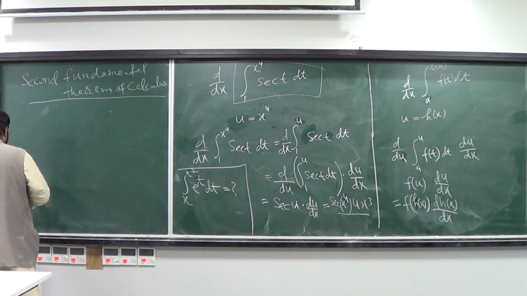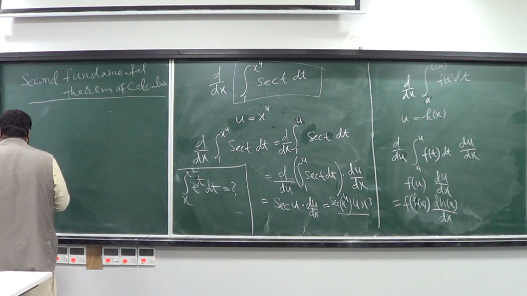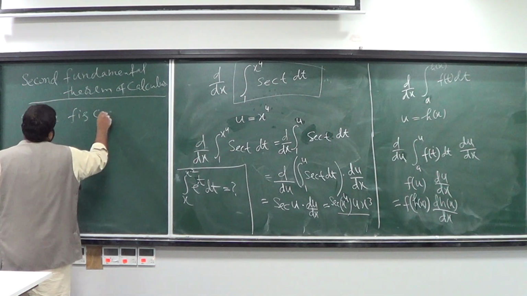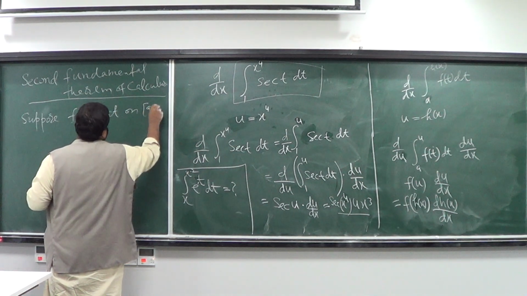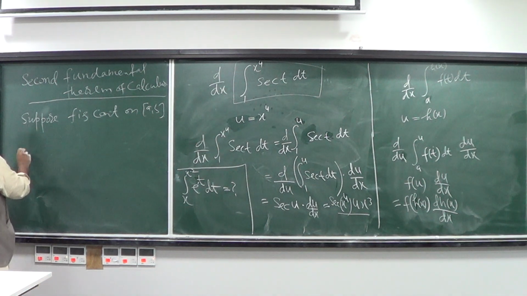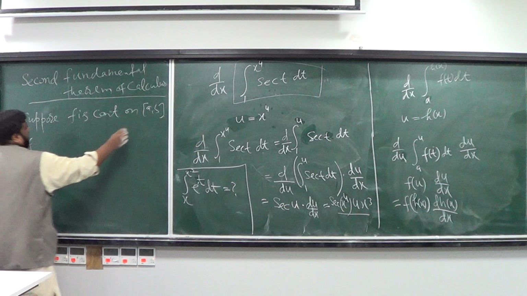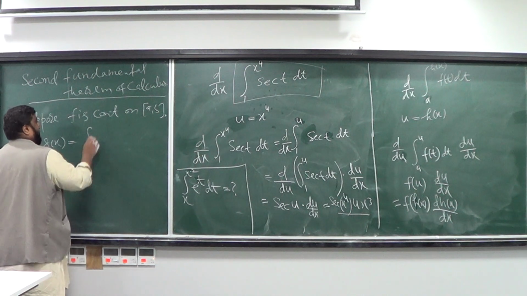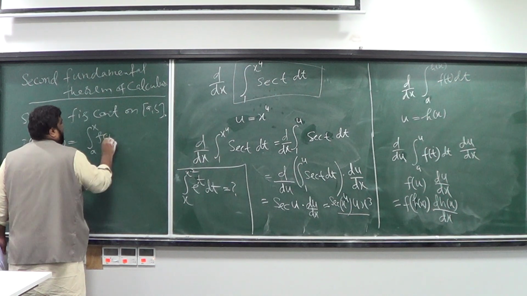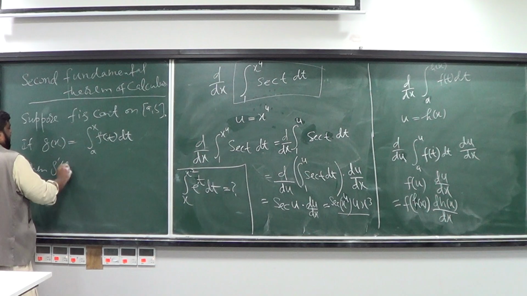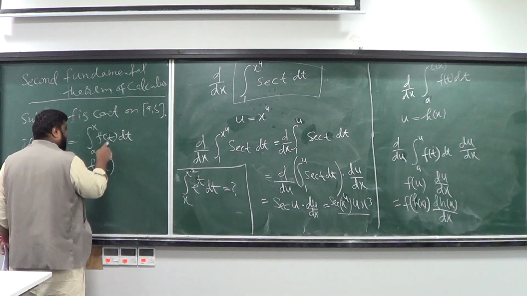If I write the statement of it, I'm going to say that suppose f is continuous on an interval a to b, then if g of x is a function that is the integral from a to x of f of t dt, then g prime of x is really the integrand, f of x.